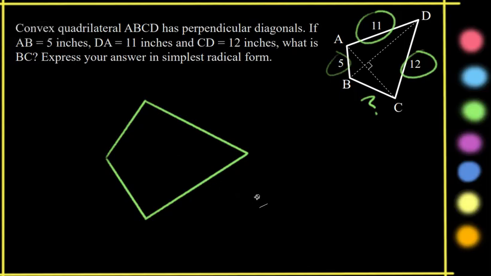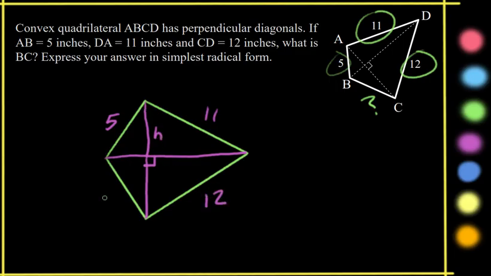One thing you'll notice with this problem is that there seems to be some missing information. If this is 5 and this is 11, they don't tell you anything about this height. While that might be annoying in some ways, it can also be helpful, because you can assume that this x will be the same regardless of what that height is, which is actually kind of useful information.